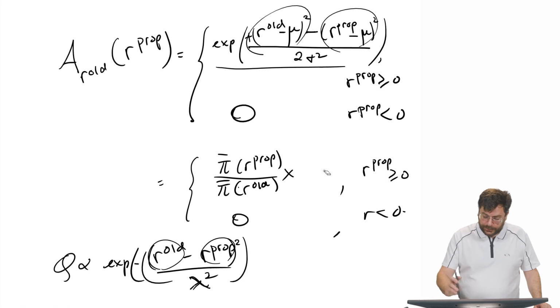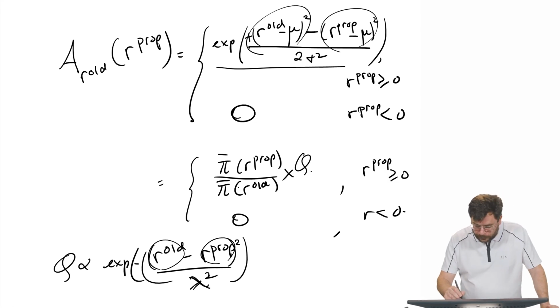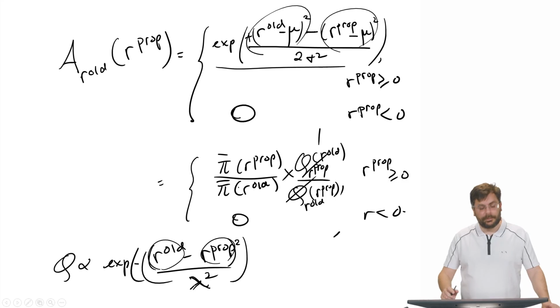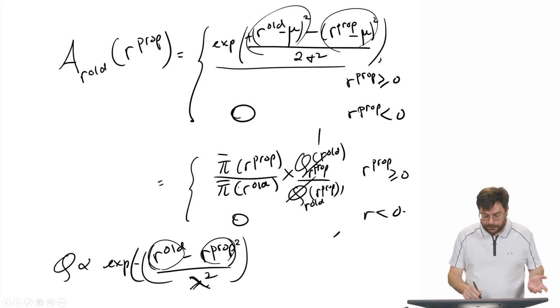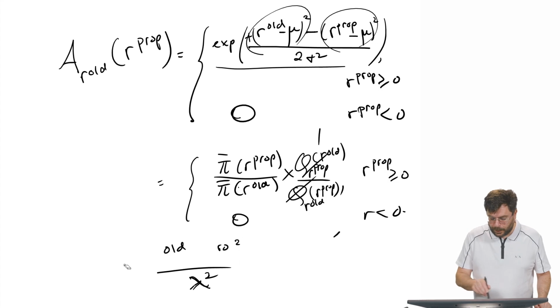So R prop R old divided by R old R prop is equal to 1, because those two distributions are the same. It's a symmetric proposal distribution as I swap R old for R proposed and R proposed for R old.